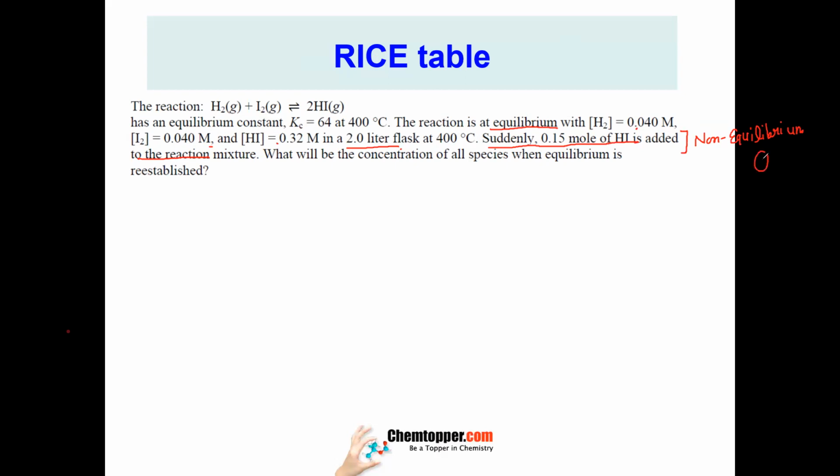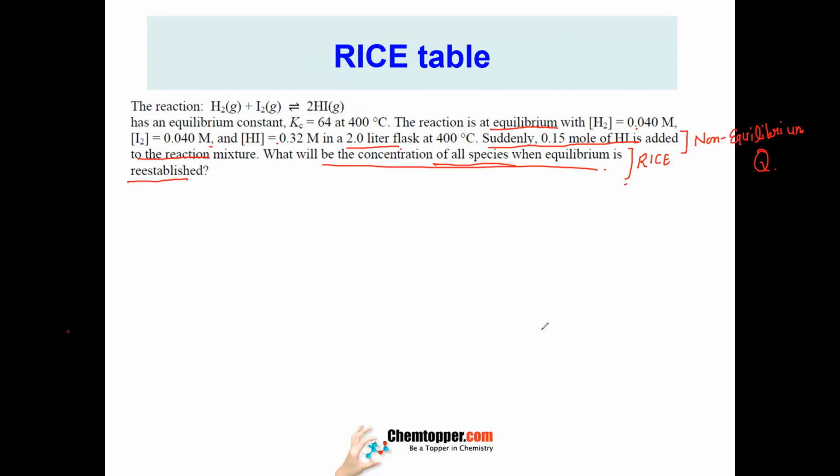It is Q now. What will be the concentration of all species when equilibrium is re-established? This particular line is telling me to make the rice table, because only then I can work out the equilibrium concentrations.